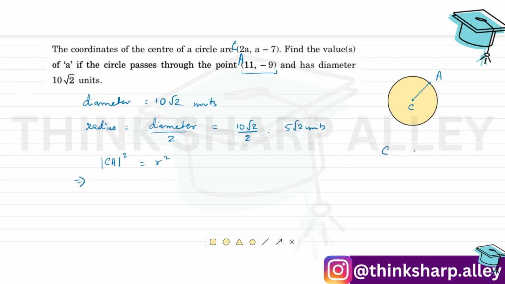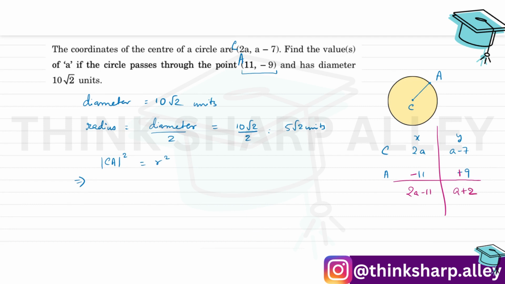So let us do our work. C's coordinates are 2A and A minus 7. Remember, I'm writing the X coordinate and then the Y coordinate. And A's coordinates are 11 and minus 9. Let us change the signs. So here it becomes minus and there it becomes plus. So we get 2A minus 11 as the X part, and the Y part is A minus 7 plus 9, so A plus 2.